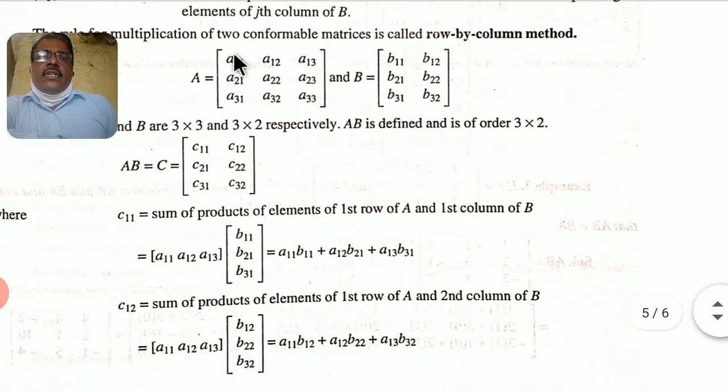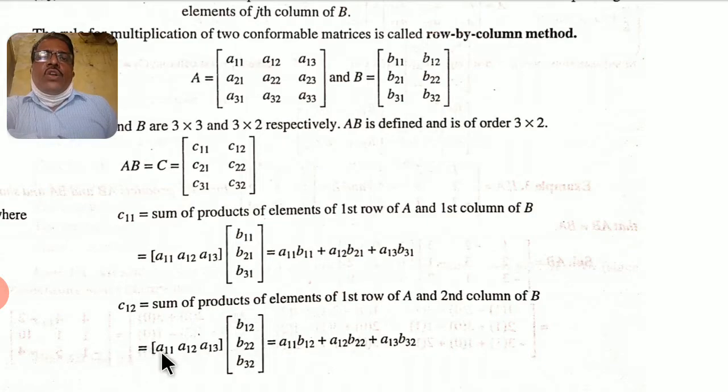Next, take again the first row A11, A12, A13. Then take the second column B12, B22, B32. Again apply the same technique.